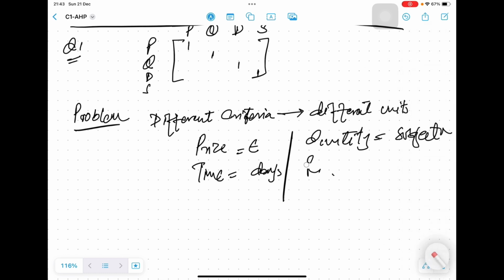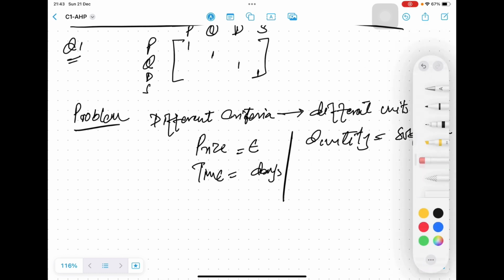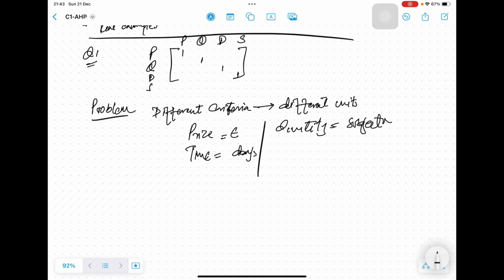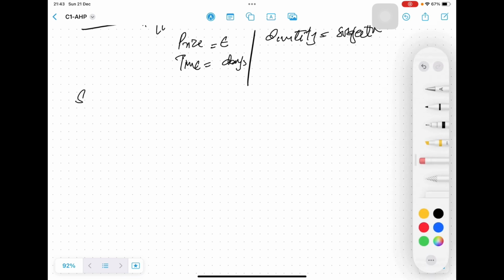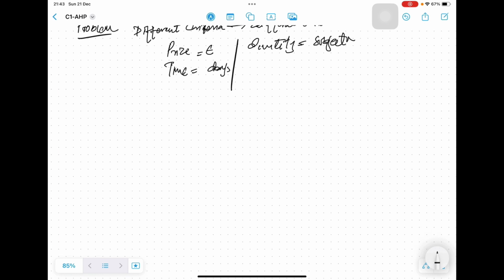So when we talk about these things, we need to understand the basics of AHP, right? For example, that is why we convert the judgments to numbers, and how to deal with different units, as we said, price in euro, time in days, and different units of matrix, right? You don't know how to deal with these things.